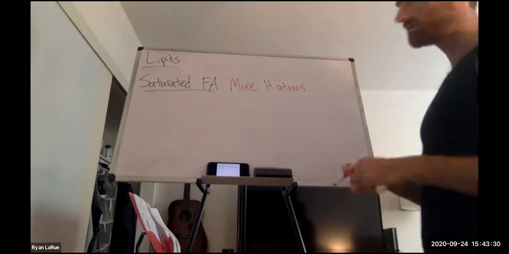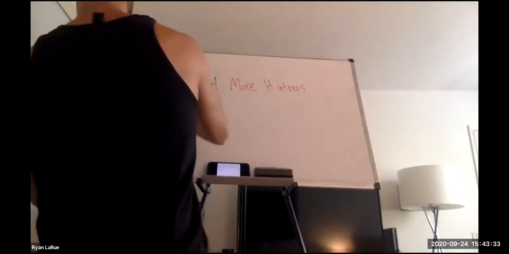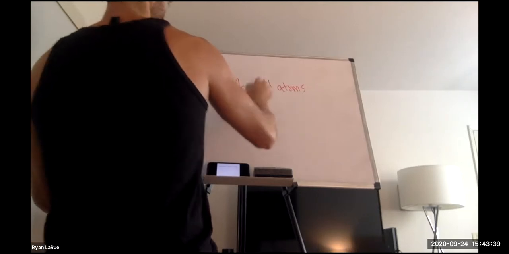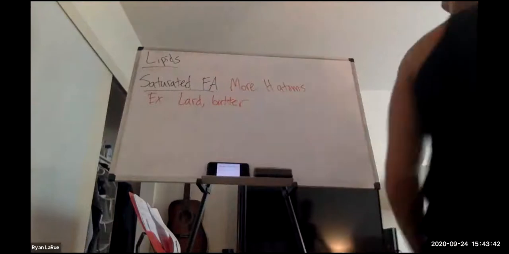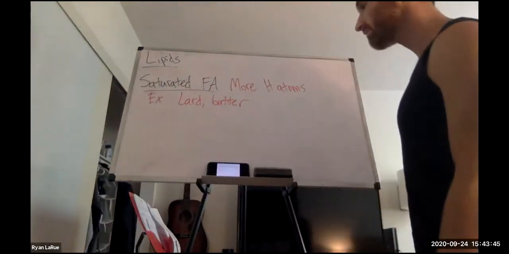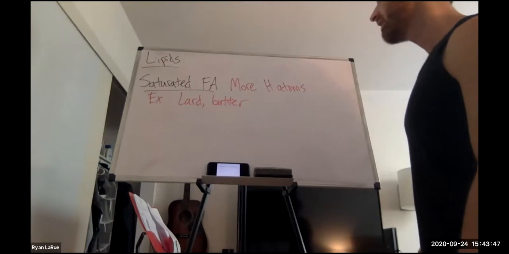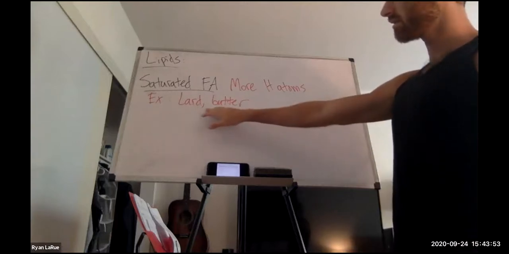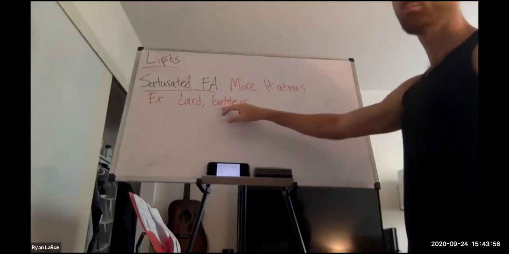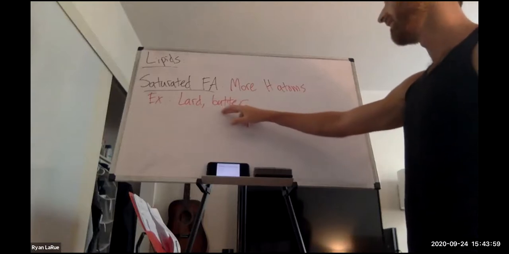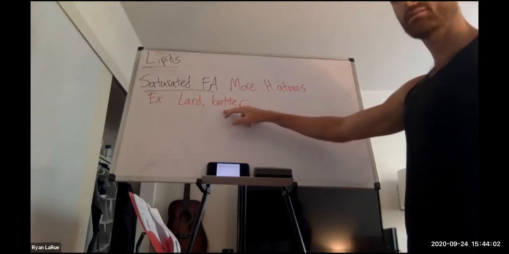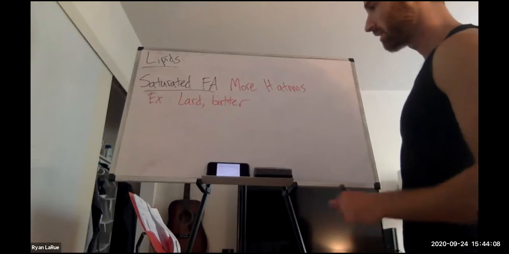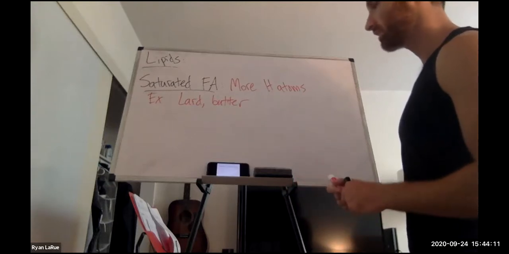So a few examples of saturated fats. Animal lard, butter, cheese has more saturated fat in it. And importantly, something to notice about lard and butter, besides tasting good, is that they're solid. They're solid objects, right? Not liquid. They're solid at room temperature.